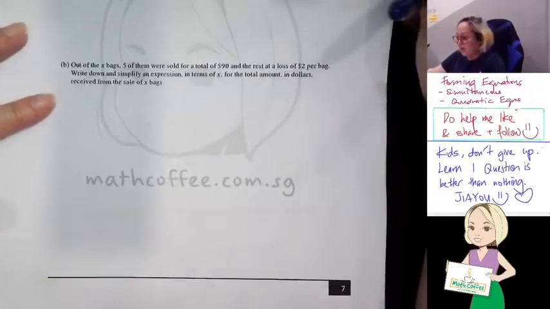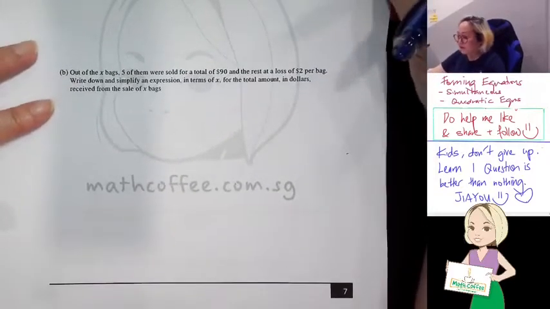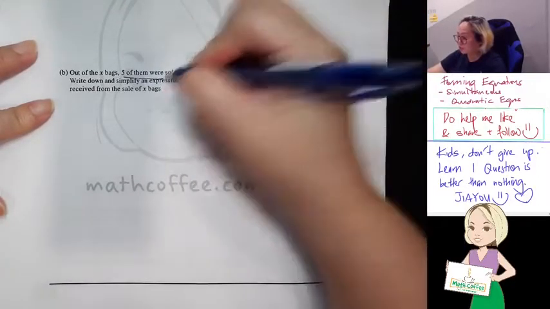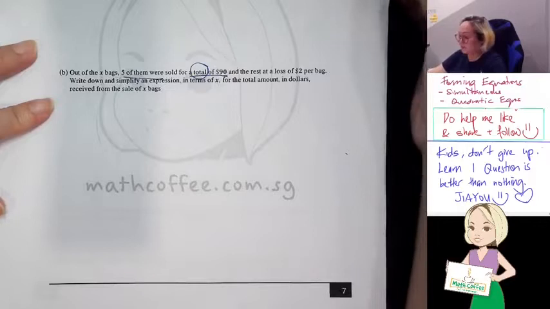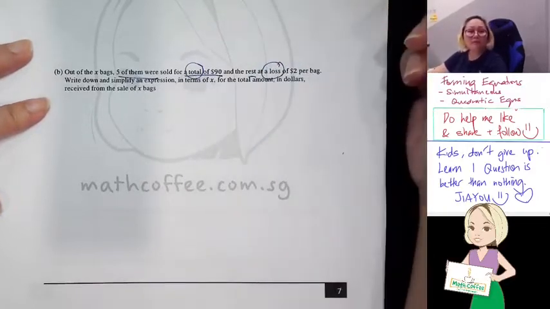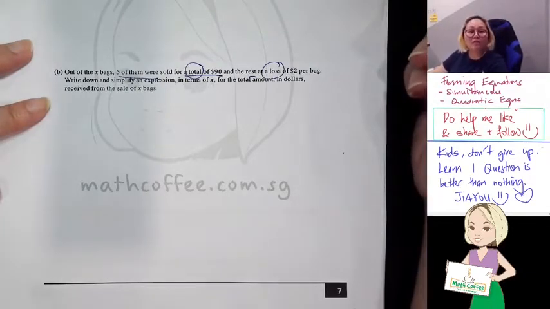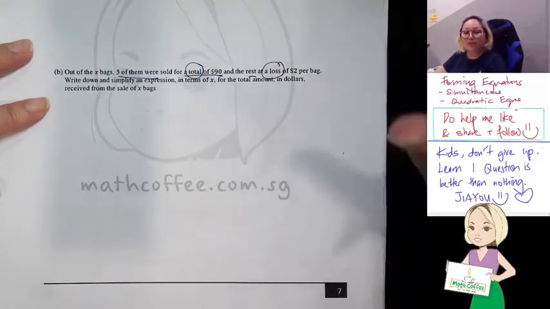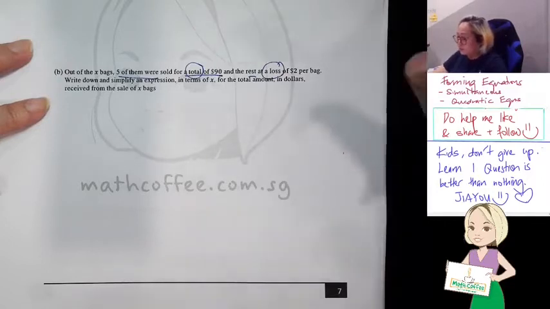Now they say out of the x bags, 5 of them were sold for a total of $90, and the rest at a loss of $2 per bag. Write down and simplify an expression in terms of x for the total amount in dollars received from the sale of the x bags. So break them up, see the total amount that you receive.